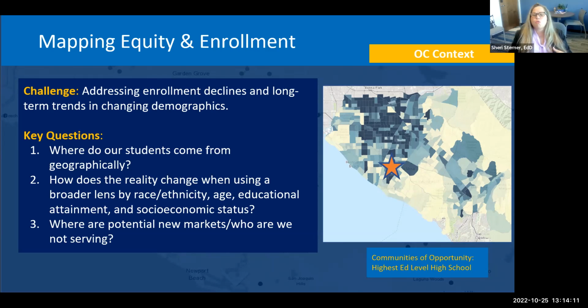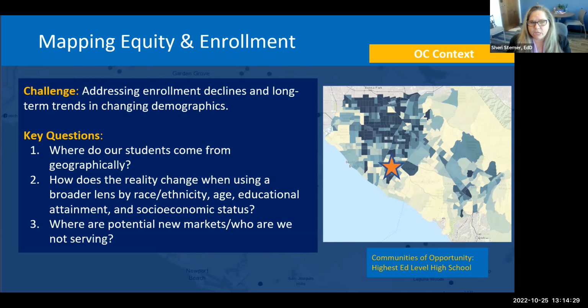With that, we knew we needed to change how we looked at our data and change the dialogues and decision-making we had on campus. These were the key questions that drove us forward.